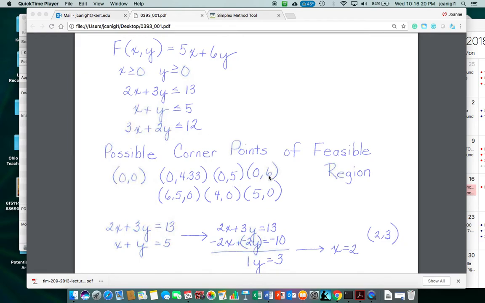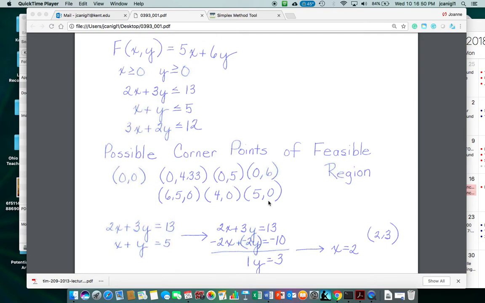Again, if I put in 0, 6 for x plus y is less than or equal to 5, I get that 6 is less than 5. So I think it's really important that you can then eliminate some of these. You can eliminate 0, 5, you can eliminate 0, 6, and for the same reasons, you can eliminate 5, 0.